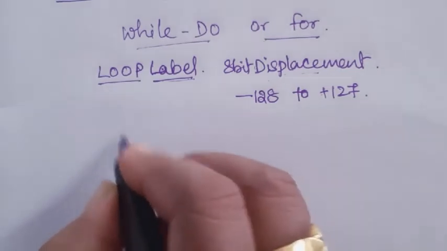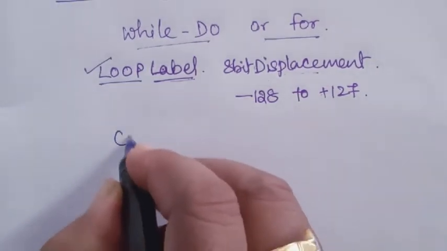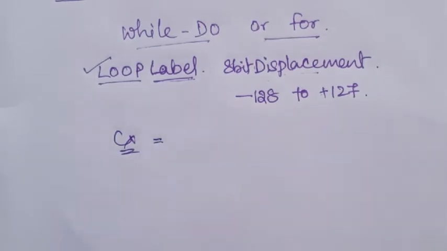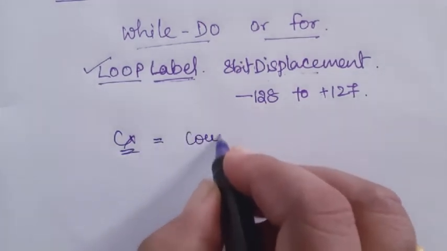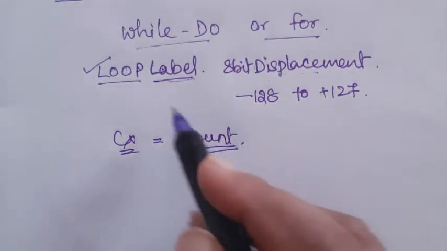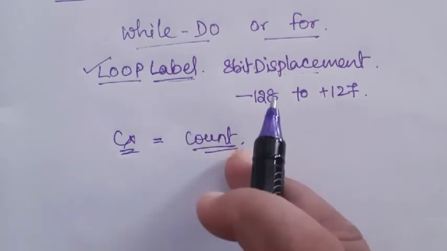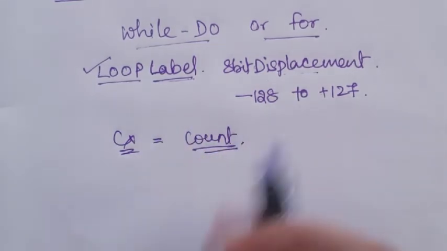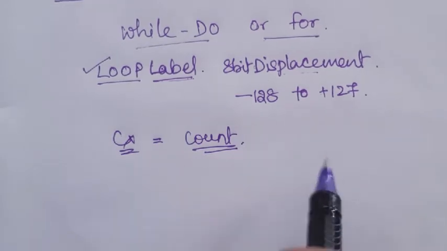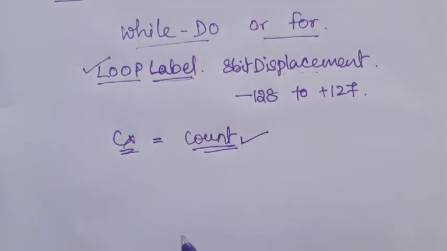Before using this loop instruction, the CX register must be loaded with a count which specifies how many number of times that particular program is to be executed. So the count is to be loaded.